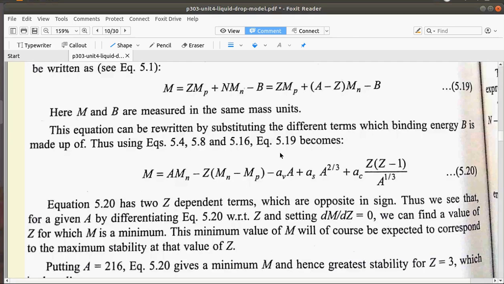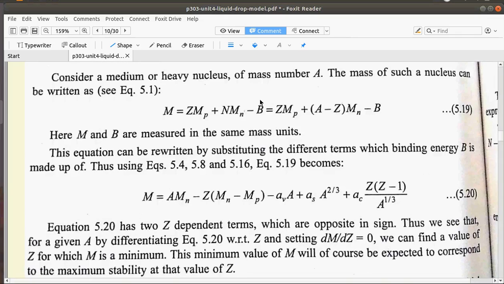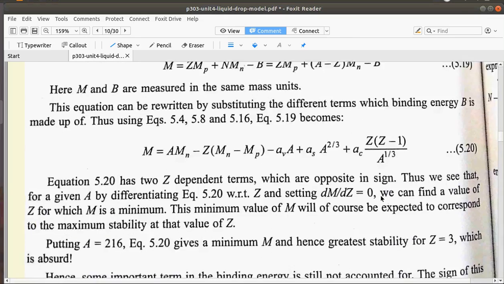Now minus Av times A, this is your volume term, minus As times A raised to 2 by 3, this is your surface term, and Ac times Z(Z minus 1) by A raised to 1 by 3, this is your Coulomb term. Because B is minus, this term is minus, and this becomes plus and this becomes plus.